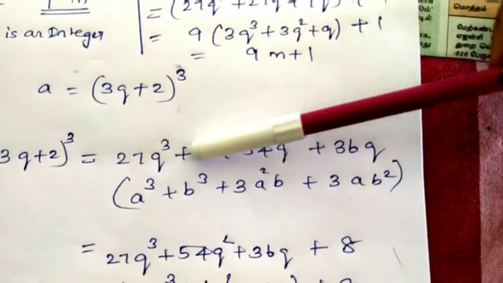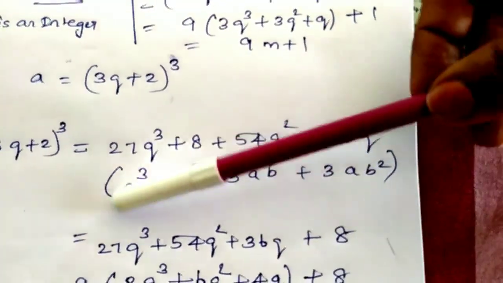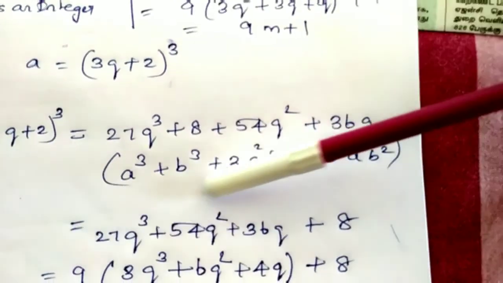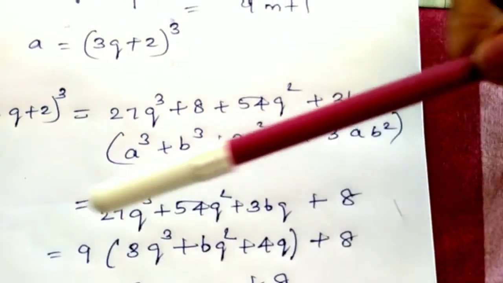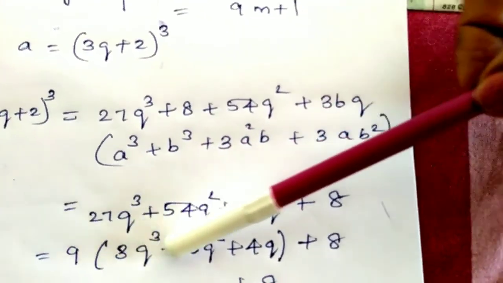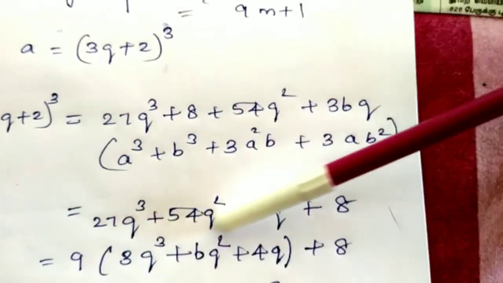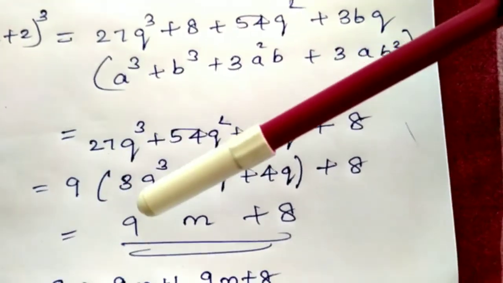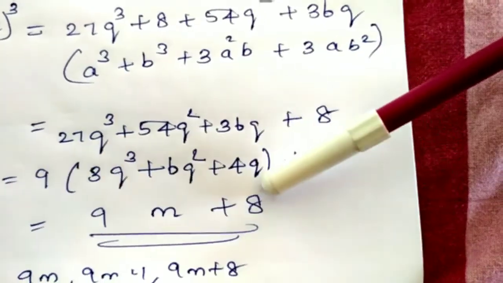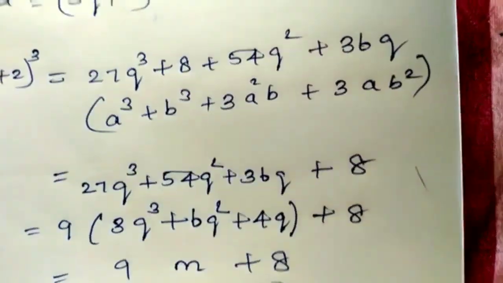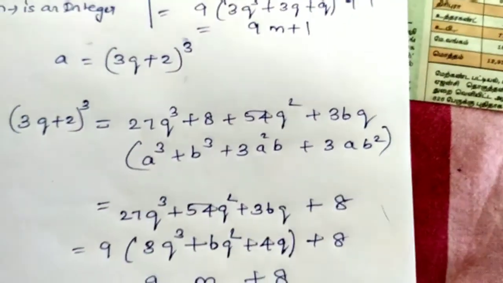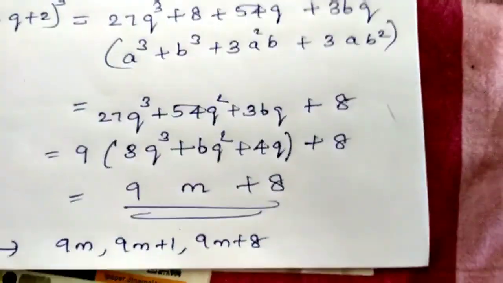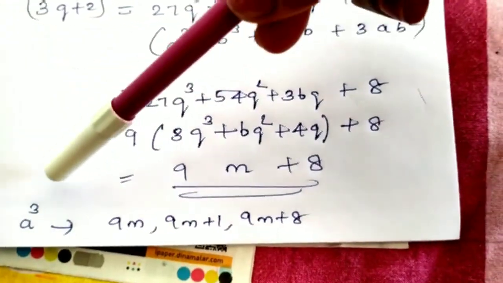Now take 8 outside and keep it separately and all the remaining terms here. In these 3 remaining terms, 9 is common. Take 9 outside: 9 into the remaining values, plus 8. The inner bracket is considered to be m. Therefore, it is in the form of 9m plus 8. Now, by using Euclid's division lemma itself, we proved this for the cube of any number.